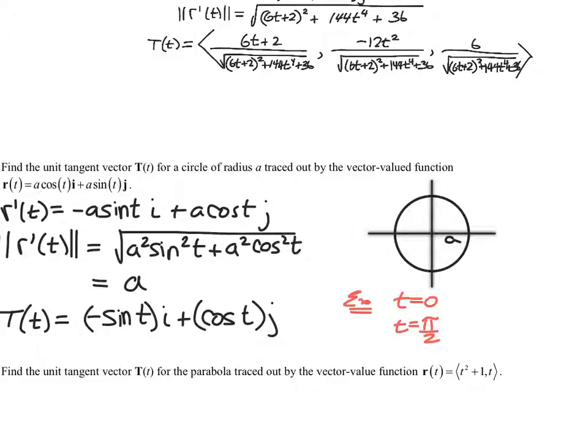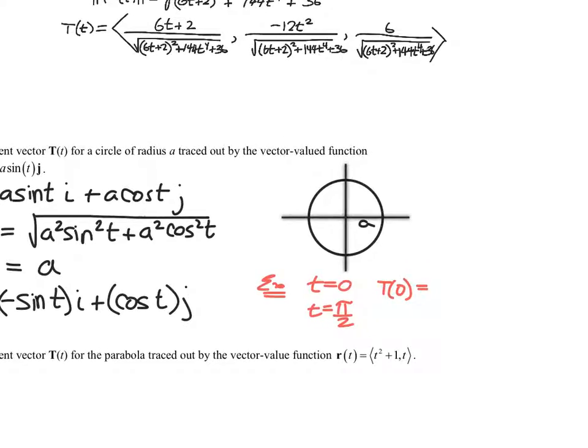But in terms of the tangent vector, T of 0 is going to give us something different. T of 0 is going to give us 0i, so 0 in the i direction and 1 in the j direction, so plus 1j.